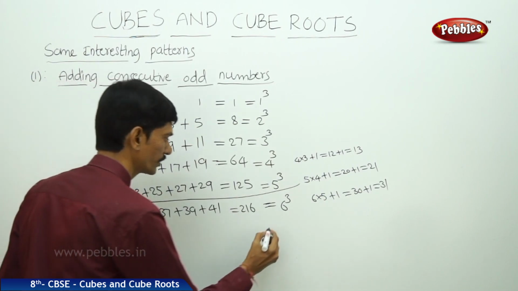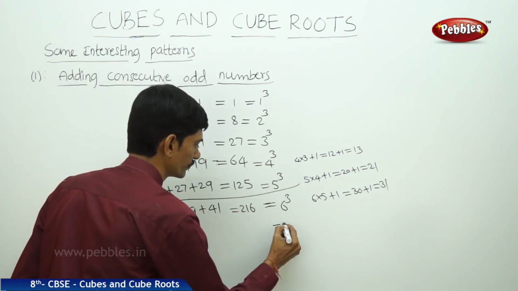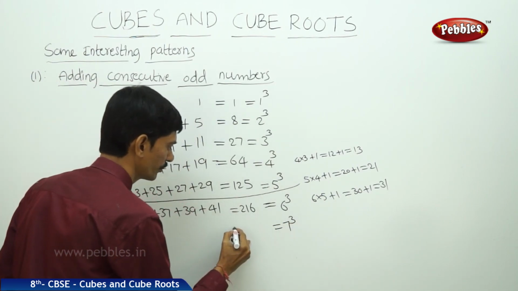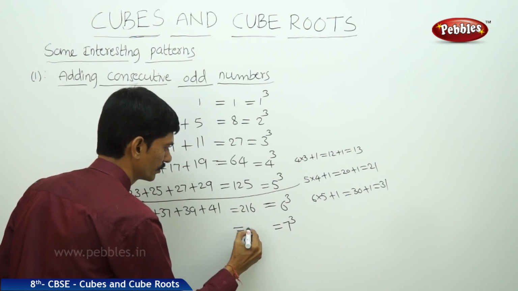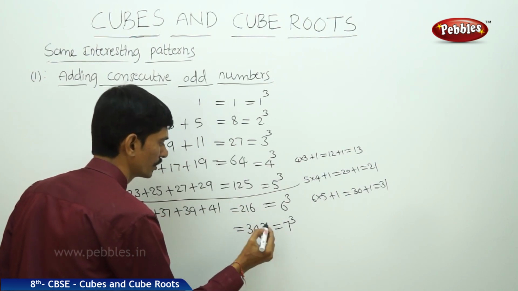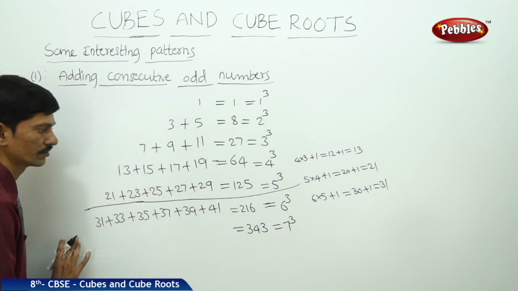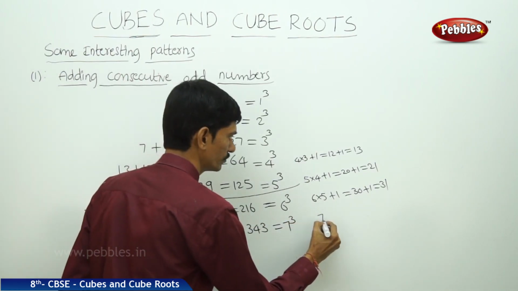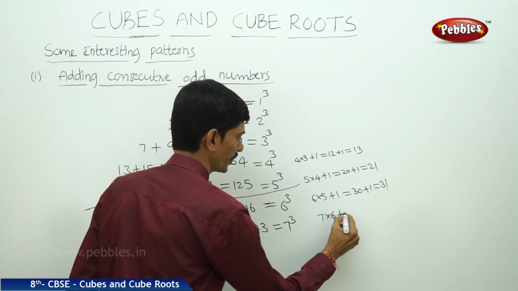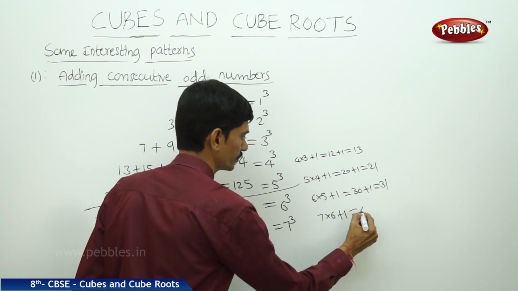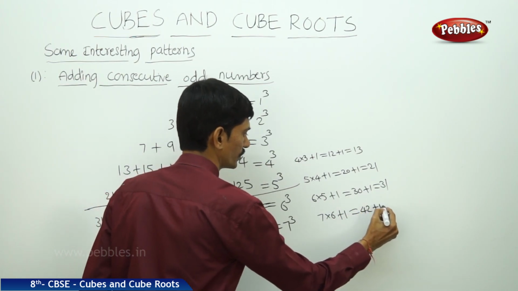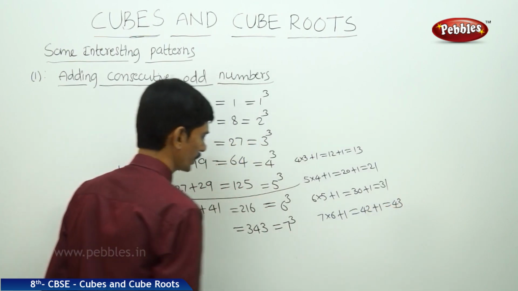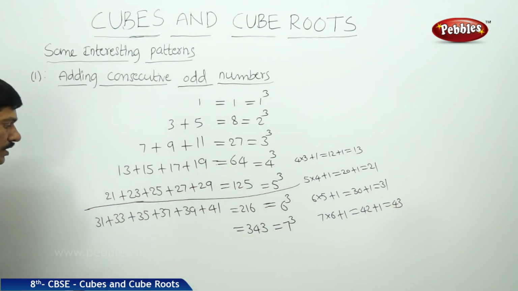Then how to write 7 cube? We know that 7 cube is 343. Then from where should you start here? Let us see this now. 7 into 6 plus 1. This equals 7 6s are 42 plus 1 equals 43. So starting from 43, we should write 7 consecutive odd numbers.